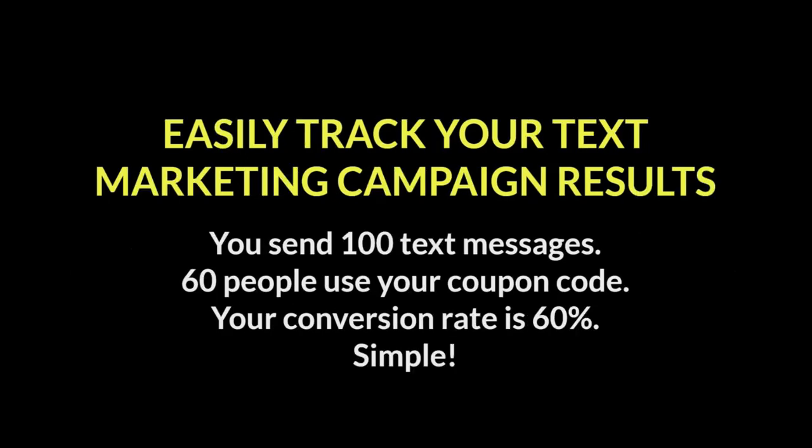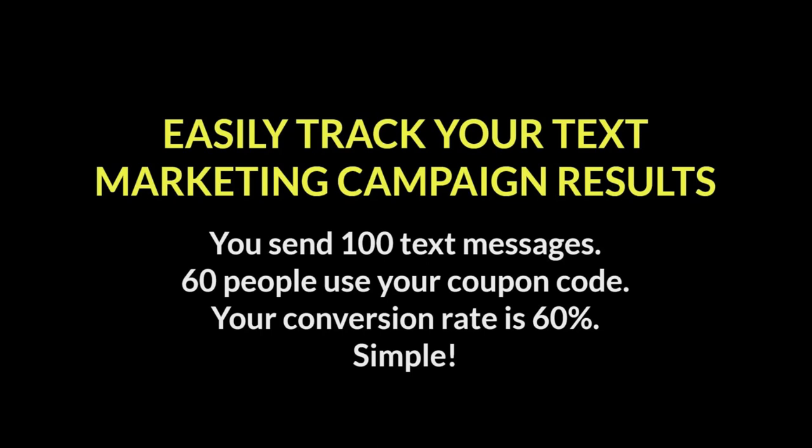Now, the third reason why we're going to use text marketing is because we can easily track the campaign results. Let's just do a quick example. Let's say that you have a list of 100 people, so you send out 100 text messages. Now, let's say that 60 of those people use the coupon code from those messages. This means your conversion rate is 60%. It's pretty simple.